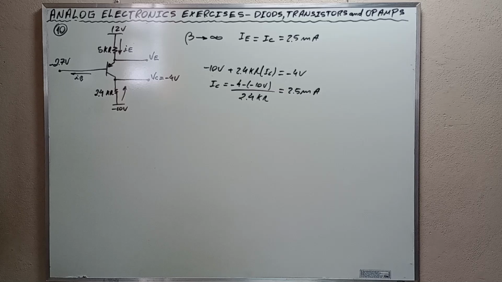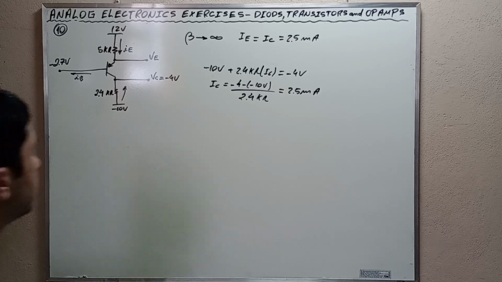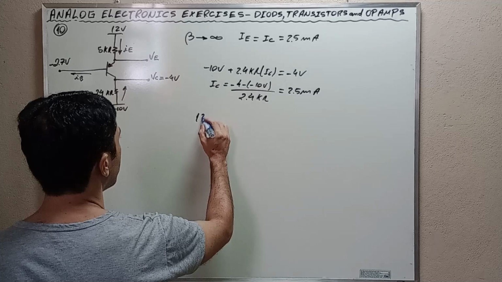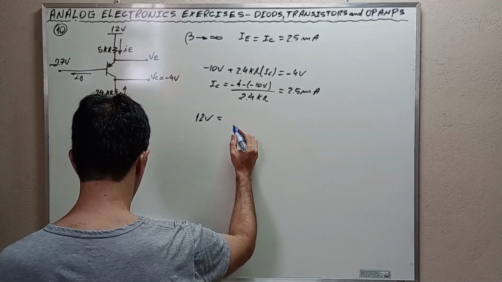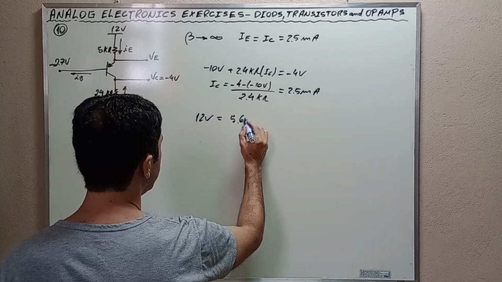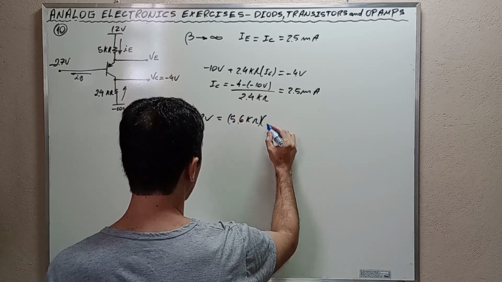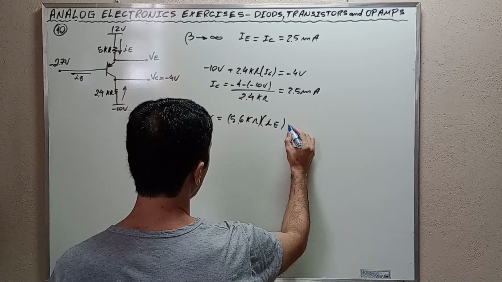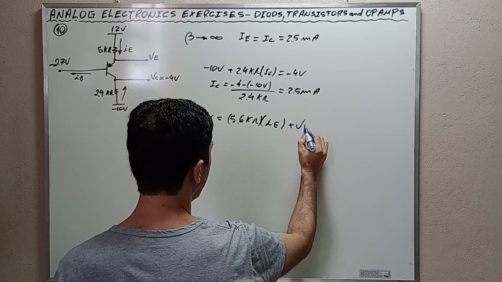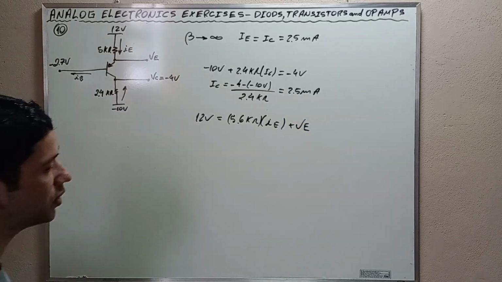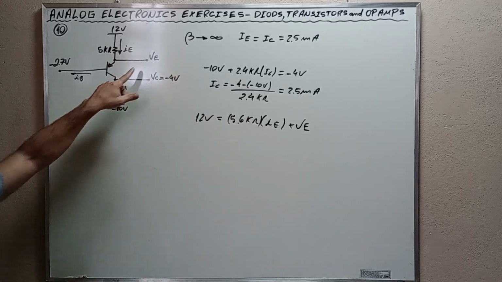We also observed that 12 volts is equal to 5.6 kilo ohms times IE plus VE. Okay, pay attention on the voltage drops.